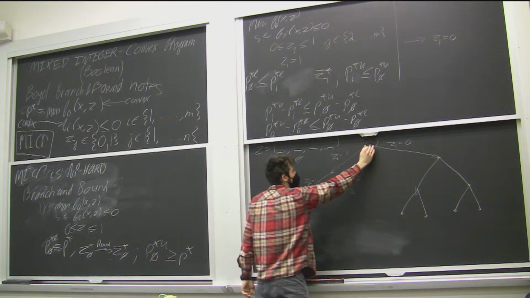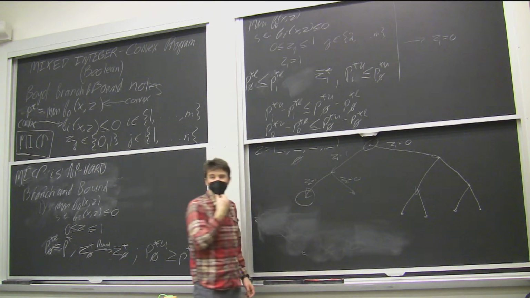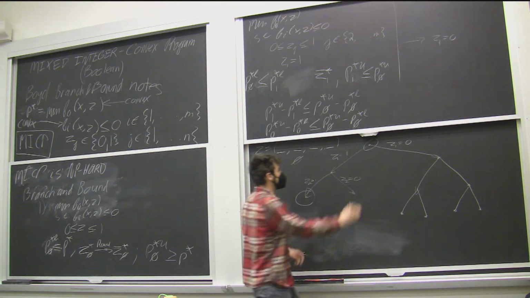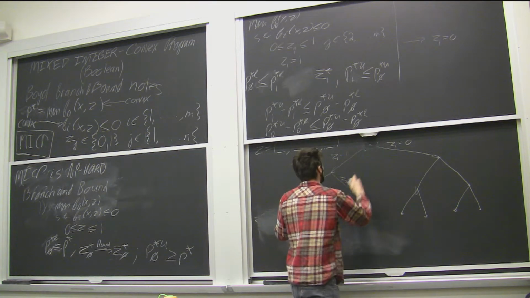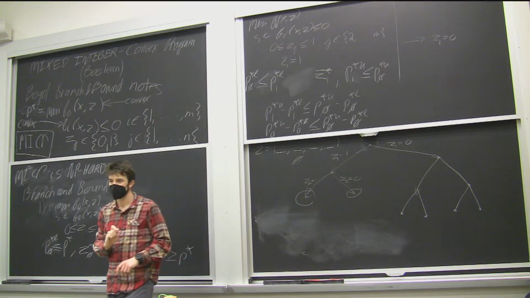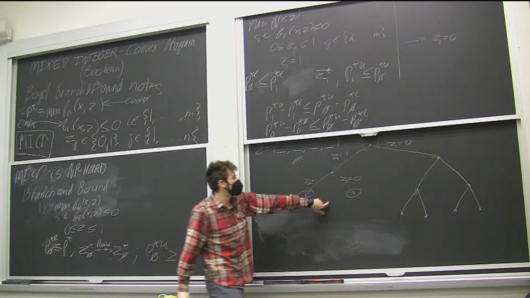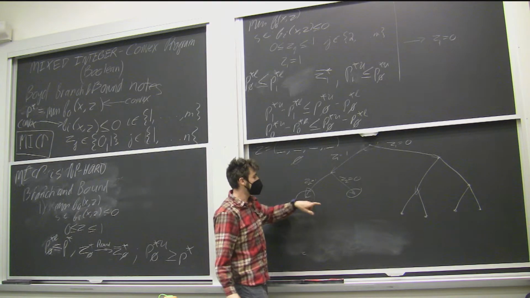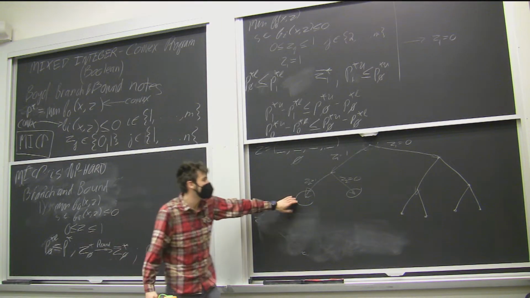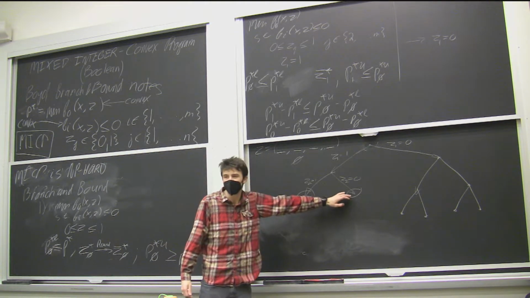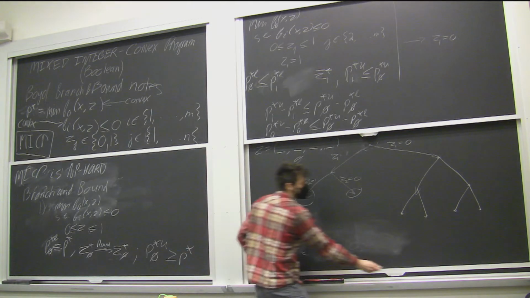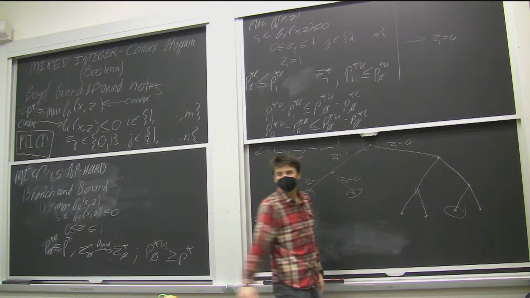So I know that this gap has to be bigger than this gap. What is not true is I cannot compare this node's gap to this node's gap. Both of these can be compared to their parents, but they cannot be compared to each other, in the sense that I can't promise that this gap is going to be bigger or smaller than that gap and vice versa. I also can't compare this node to one of these guys.